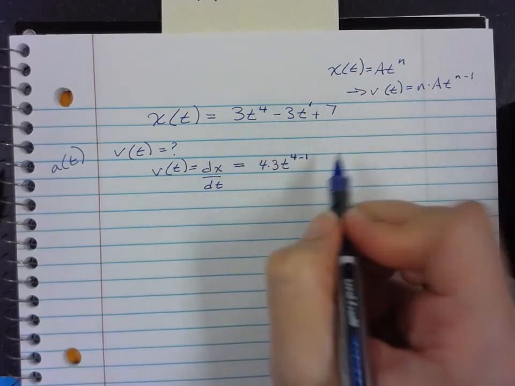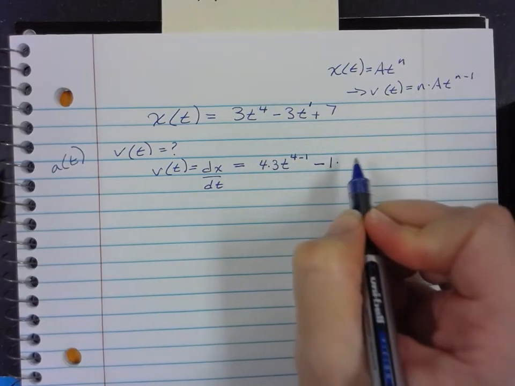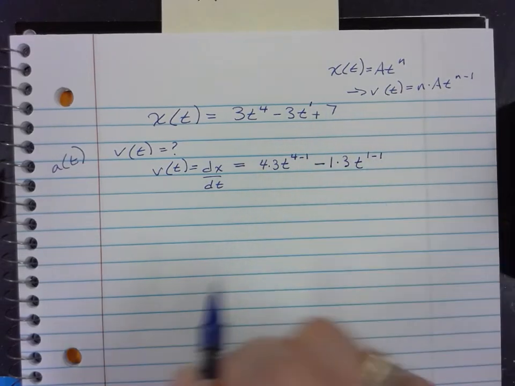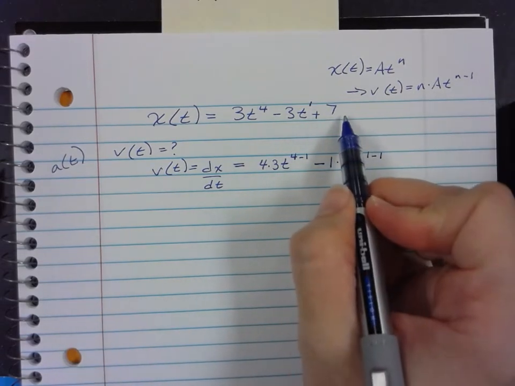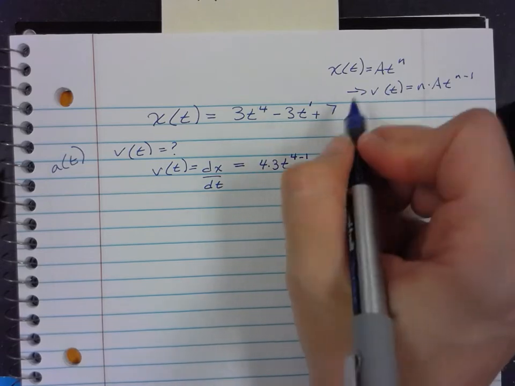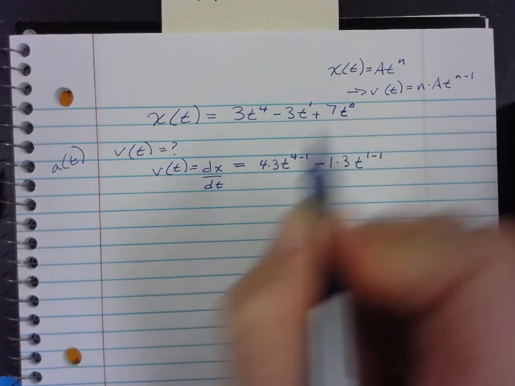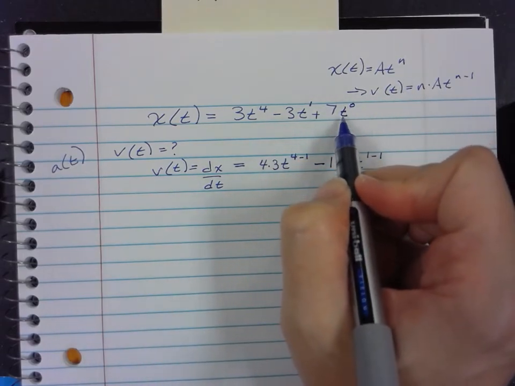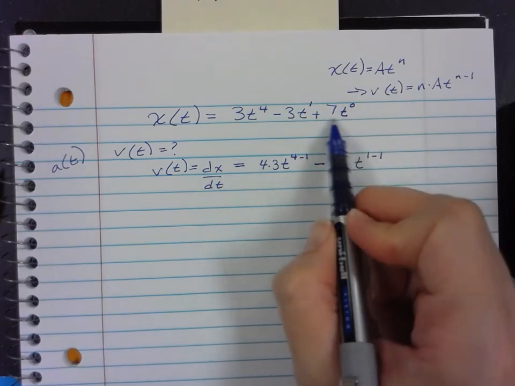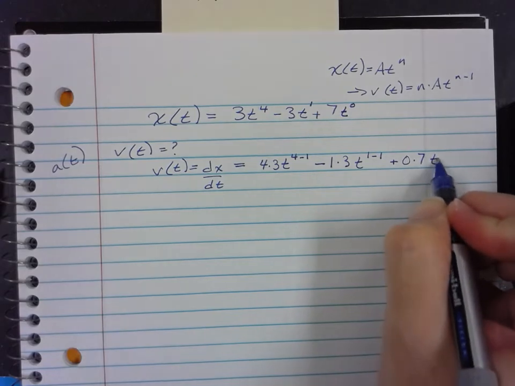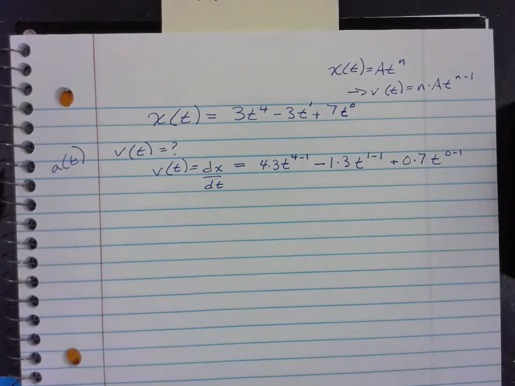So 1 times negative 3, or minus 1 times 3, times t to the 1 minus 1. And then 7 doesn't have a t at all. Well, we can write t in an interesting way. We can add to this t to the 0 power, because you know anything raised to the 0 power is 1. So then our derivative here would be 0 times 7 times t to the 0 minus 1.